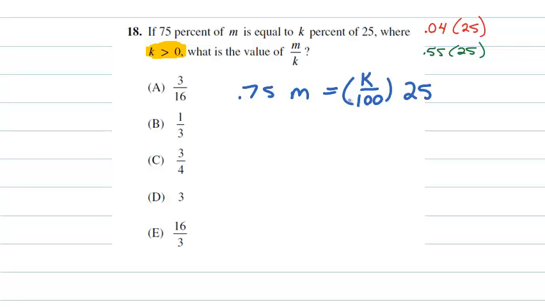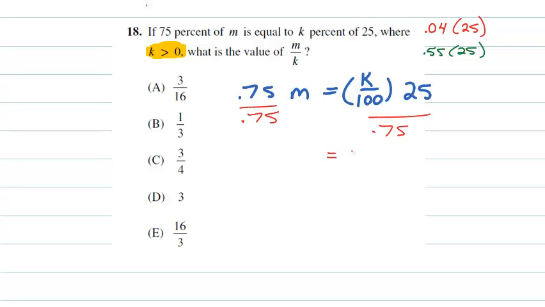So now that we have the sentence here, we need to find out what m over k is equal to. So we need m on the top and k on the bottom. On the left-hand side of the equation, I already have m on the top. So I'm going to divide by 0.75, divide by 0.75. I've got some simplifying to do. 25 over 100 is really 1 over 4.